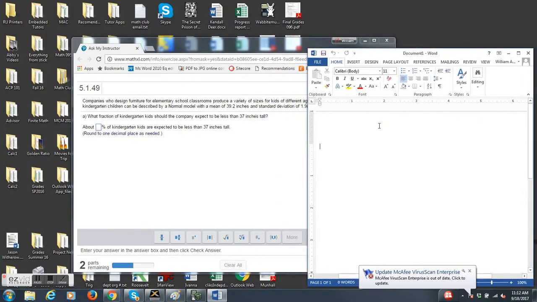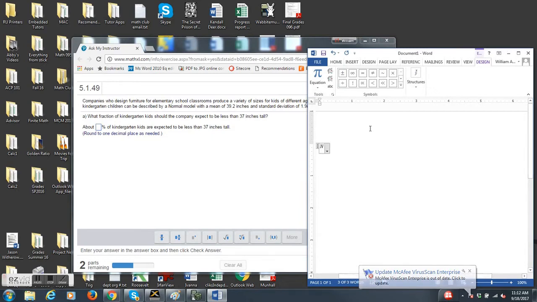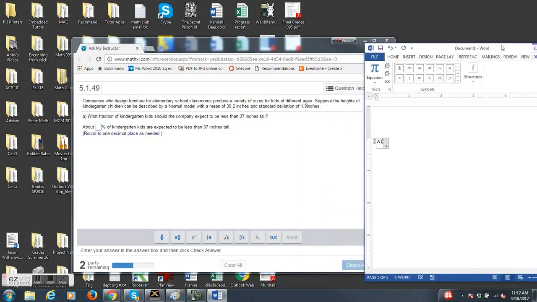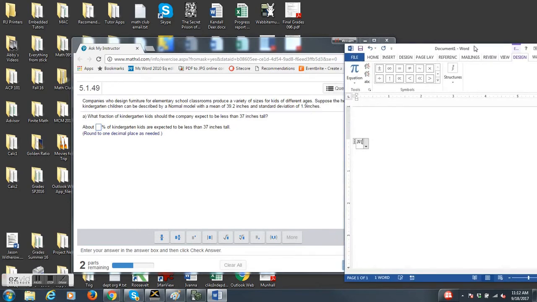So we have this situation, a normal model with a mean of 39.2 and a standard deviation of 1.9. I want to know what fraction of the population is going to be less than 37 inches tall. So I have a normal model here.